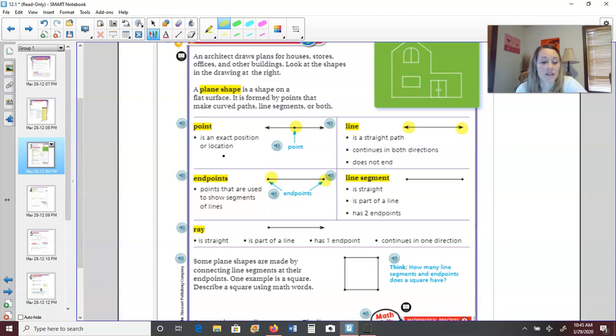And therefore, that takes us over to line segments. It has to be straight, and it's showing part of a line, and it has these two endpoints. I like to refer to those endpoints as kind of like stop signs because that's the extent of the line. That's where it stops.